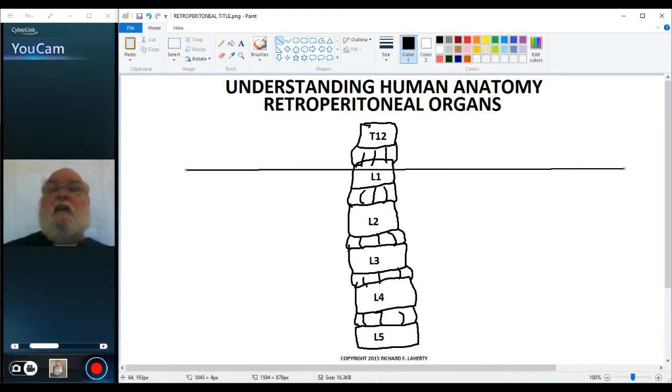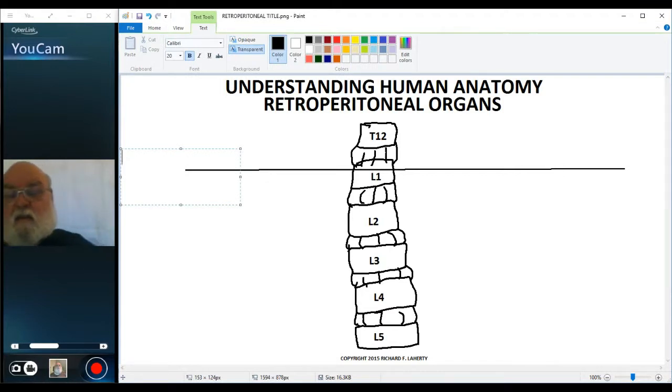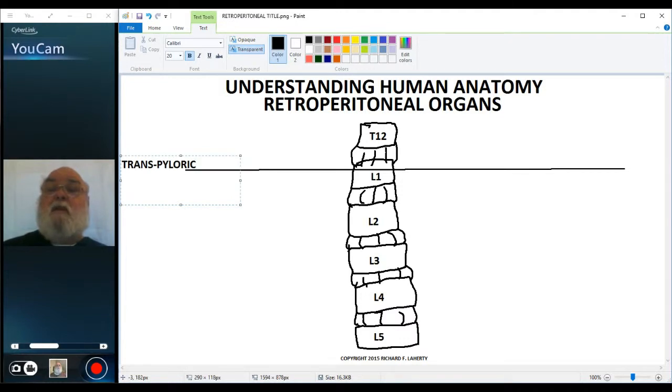And this plane is the transpyloric plane. It is named transpyloric plane because the plane passes through the pylorus of the stomach.